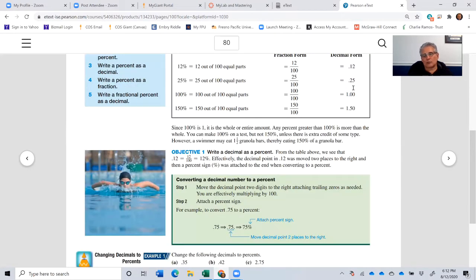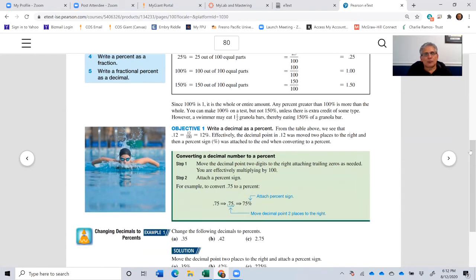That's also read as 25 hundredths. 100% is 100 over 100, which is 1. And 150% is 150 over 100 or 150 hundredths, which is equal to 1.5.